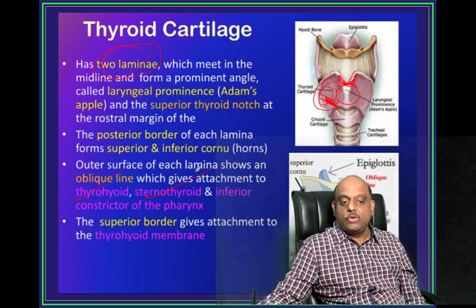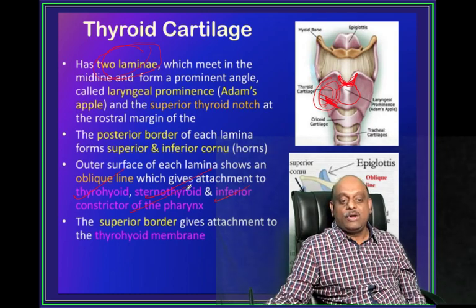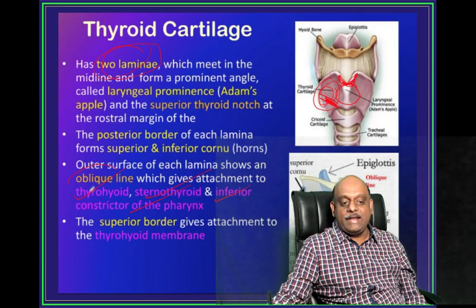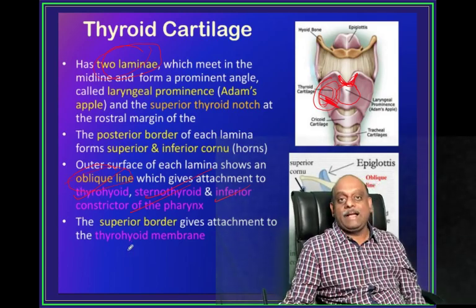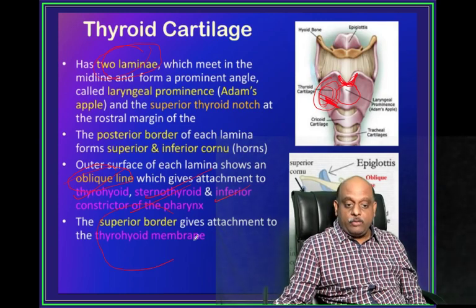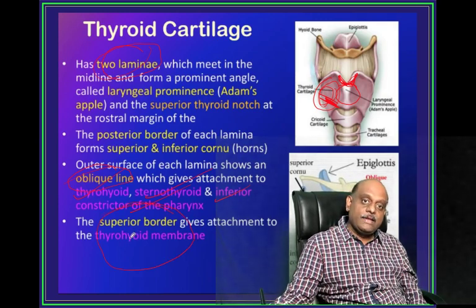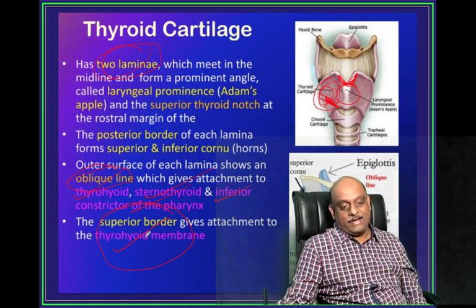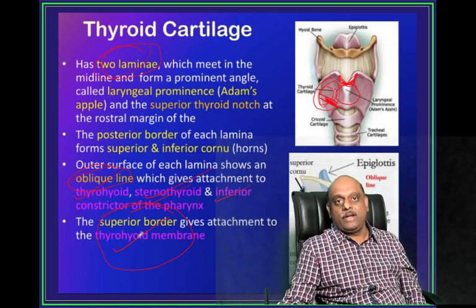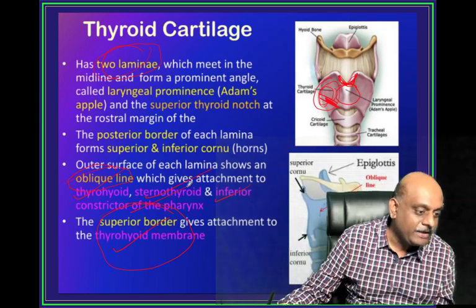Thyrohyoid, sternothyroid, inferior constrictor of the pharynx, they all basically make an attachment to the oblique line is what you are going to remember. Superior border gives attachment to what? Thyrohyoid membrane attaches to the superior border is what you need to remember.